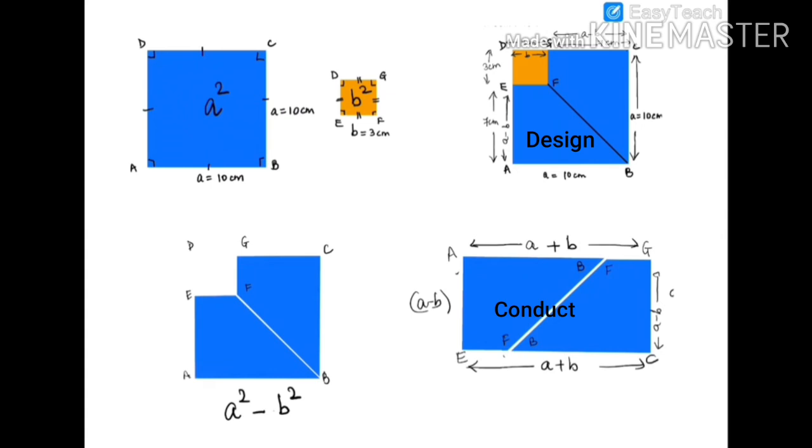Now we arranged these two cutouts of the trapezium of this figure to get a rectangle that has length A plus B and breadth A minus B. So since we are using these two trapeziums to form a rectangle, the areas of these two figures should be the same. So area of rectangle A plus B into A minus B is equal to A square minus B square.